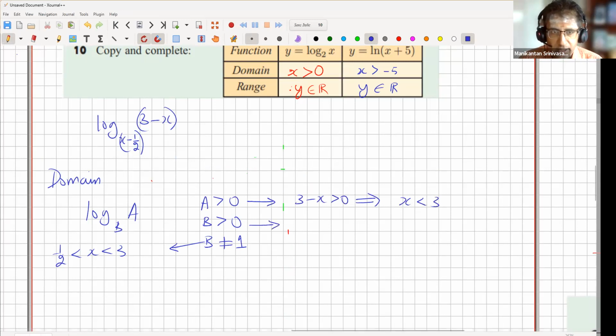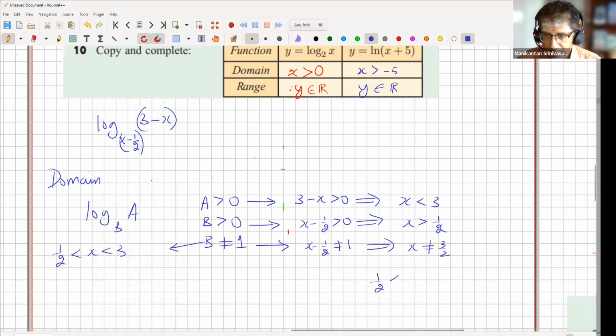B should be greater than 0, which means x minus half should be greater than 0, which means x better be greater than half. And then the base should not be 1, which means x minus half cannot be equal to 1, which means x cannot be 3 by 2. So it can be all numbers between half to 3, but x cannot be 3 by 2.